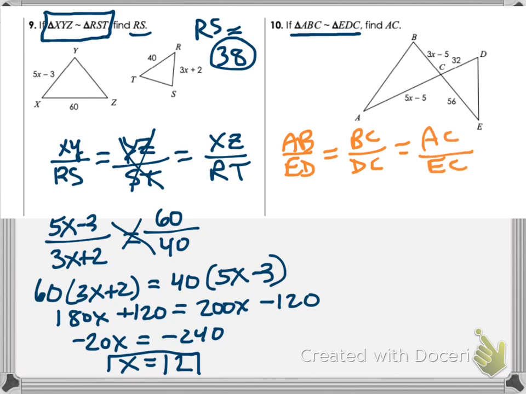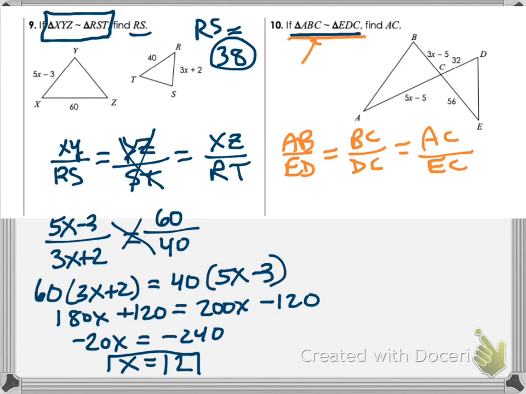I'm getting these ratios from this. I'm not even looking at the triangle, because sometimes the triangles are twisted and turned, and it's just a big headache to figure out which ones go with which. So if they give you the similarity statement, make use of that, because that's the best thing.